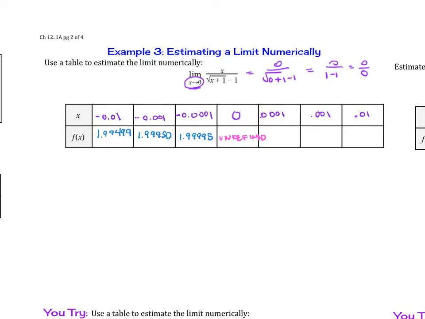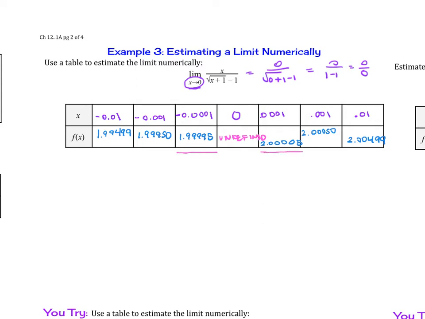Then at 0.0001, that's 2.00005. The next one is 2.00050, and the next one is 2.00499.